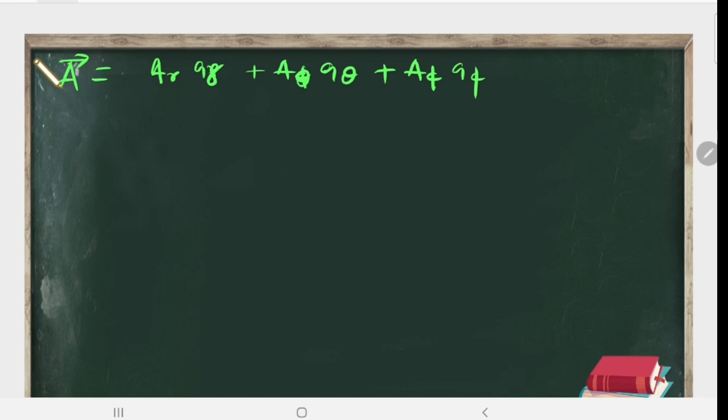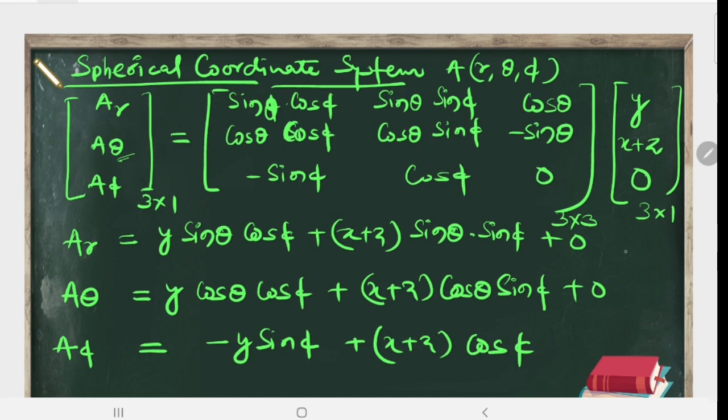With the help of these equations we can calculate the vector A. If you look at these equations, the x, y, z are the variables used in the Cartesian coordinate system.